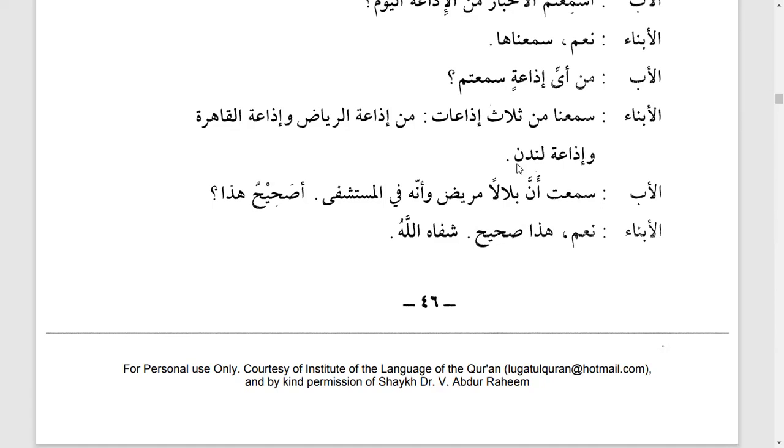First, because Londana is partially flexible. What about Riyadh and Qahira? They are also partially flexible, but they are used with al. Excellent. Whenever a noun takes al, it will accept kasra if needed. So that's why we say min idha'at al-Riyadi wa idha'at al-Qahirati wa idha'ati Londana.